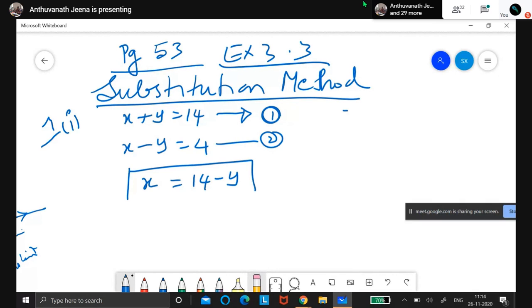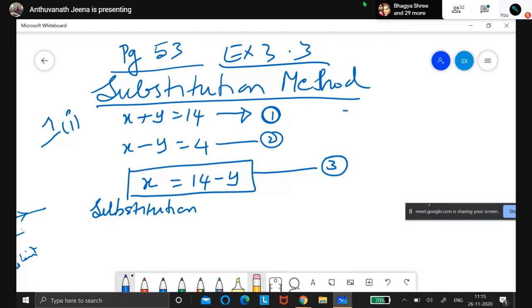This is the third equation. So substitute x is equal to 14 minus y in the second equation. Write down the steps.